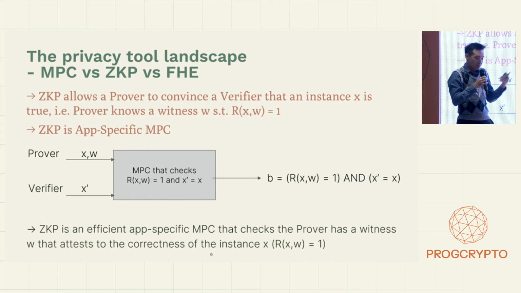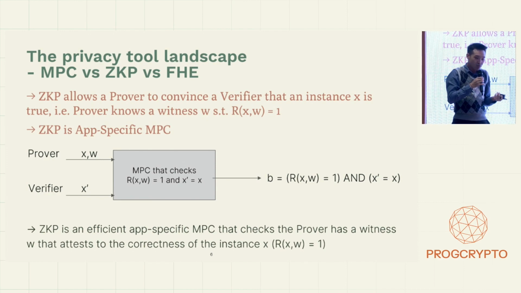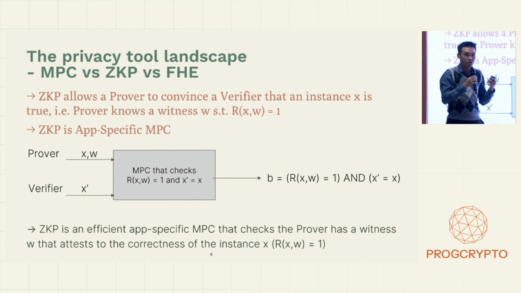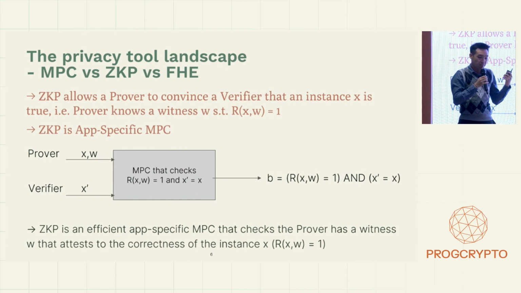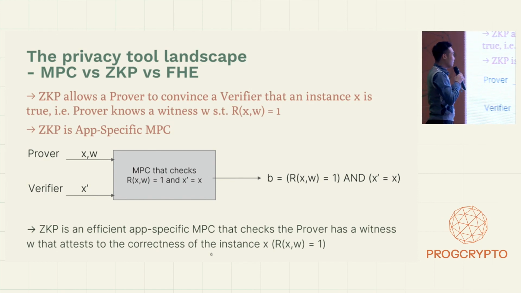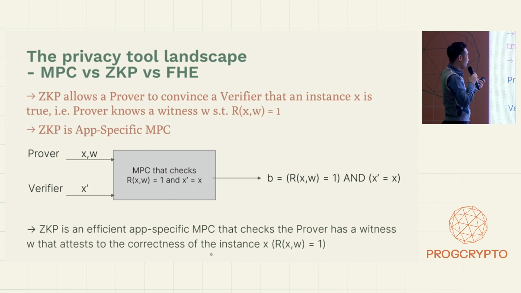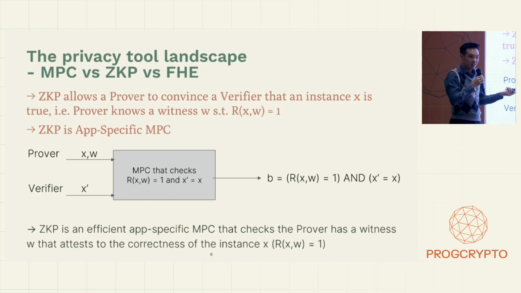So that is like the prover knows a secret witness W such that the relation of the statement X and W returns 1. So here we can think of ZKP as an application-specific MPC, right? Because we can describe the MPC box of ZKP here.